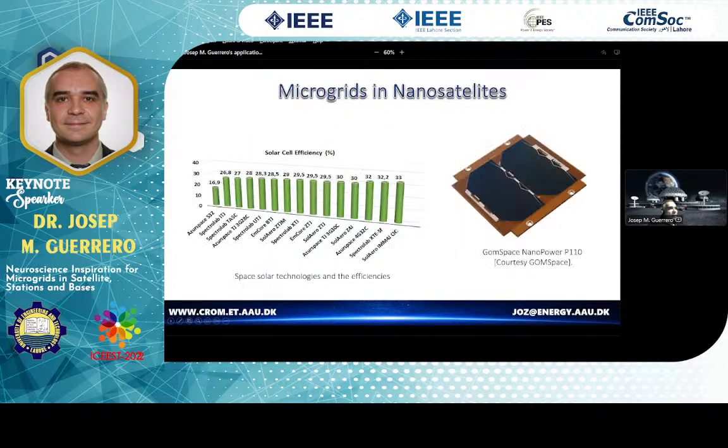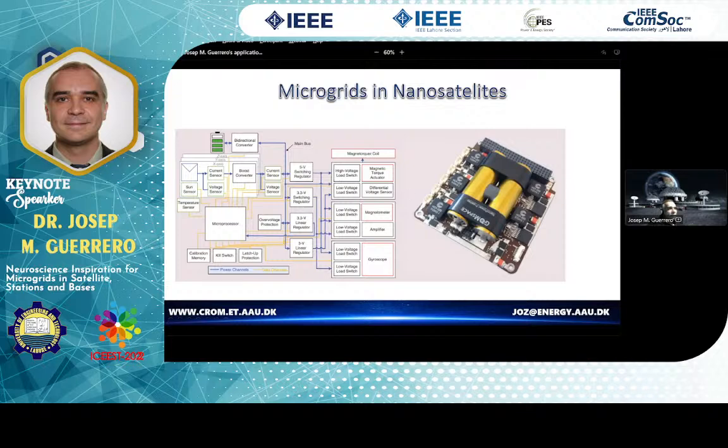And yeah, you can see here the efficiency of those solar cells, probably beyond 30% when you talk about 4 junctions, 4 layers, and lithium-ion batteries are already there, the same as you use in electric vehicles, we have in space applications.